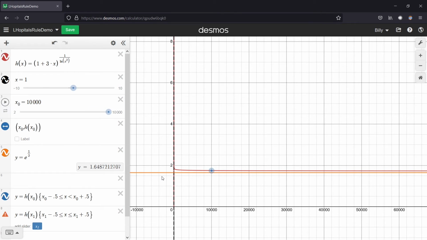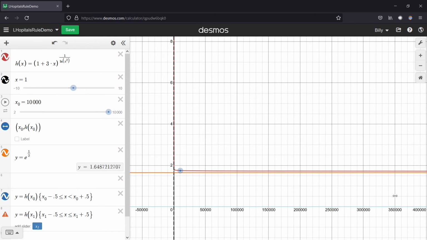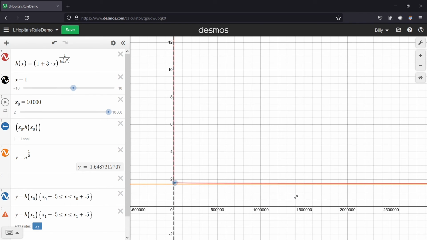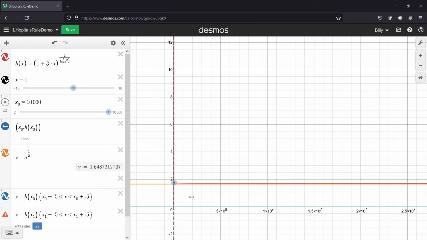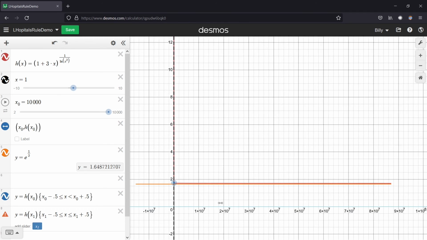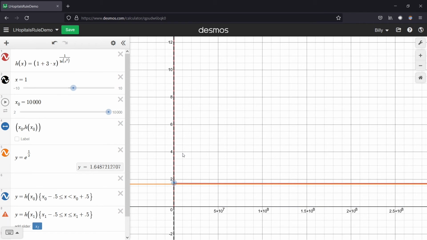So as we go all the way out here to 10,000, it does take a while, and this is why graphical methods are normally not the best methods of determining this limit. It takes a very long time for this function to converge down to the limit, as you can see in this plot right here. So really it's fundamental for us to be able to go through and do this using L'Hopital's rule.